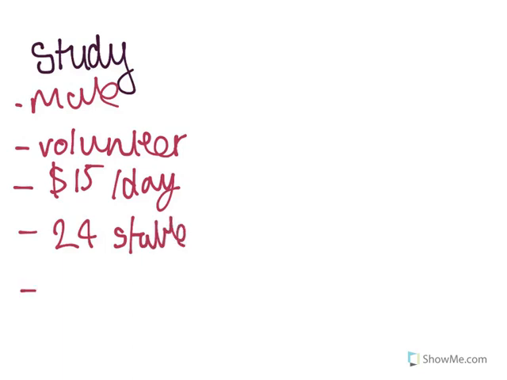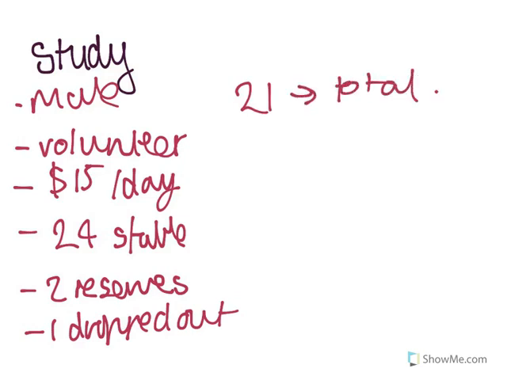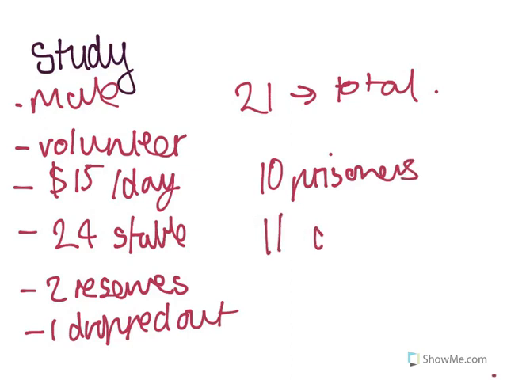There were 2 reserves, and 1 dropped out. This means that there were 21 in total taking part. So 10 prisoners and there were 11 guards.